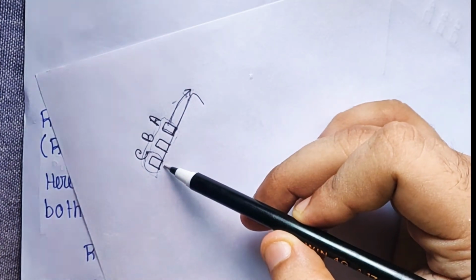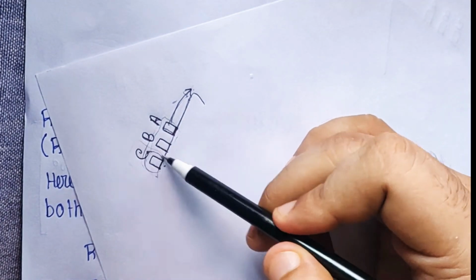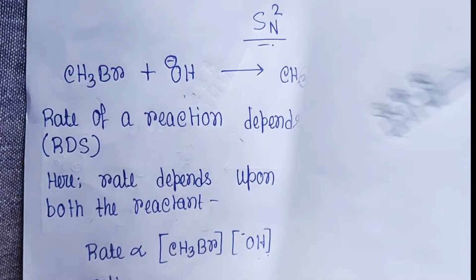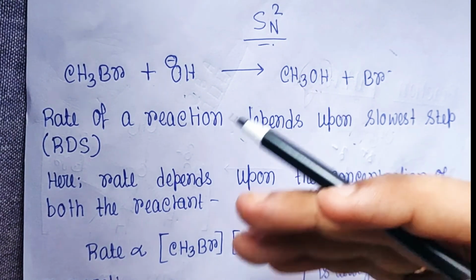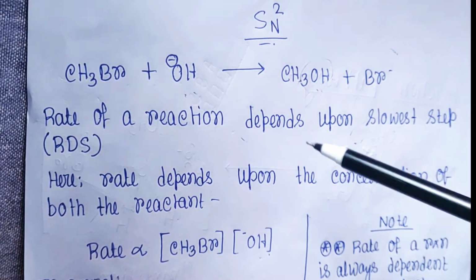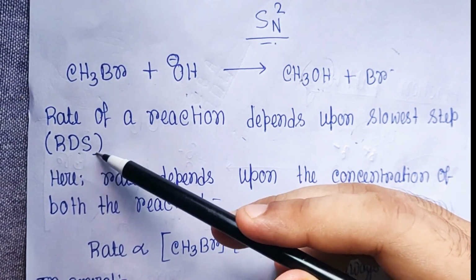And C is the slowest one. So for any type of journey, the slowest one is the determining parameter of the end of the journey. Similarly, for every reaction as well, the slowest step is the rate determining step, RDS.